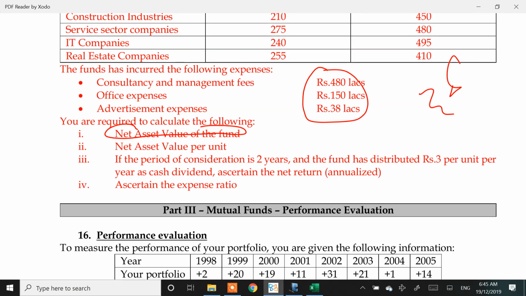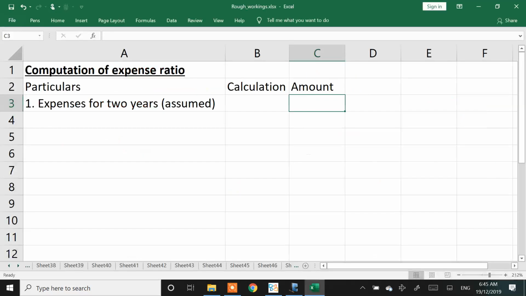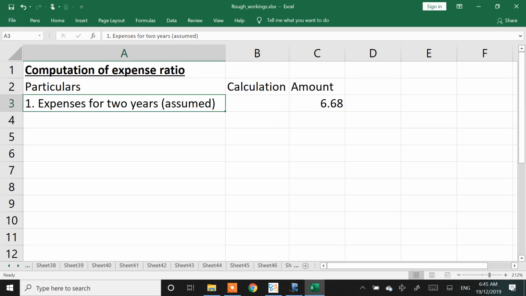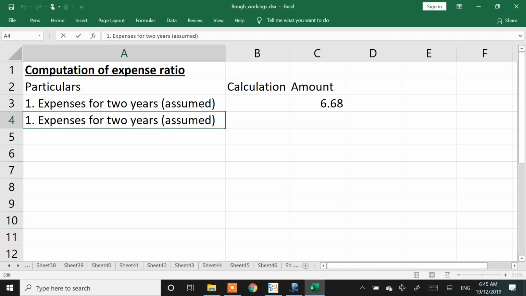We'll again do it in crores. 4.8 plus 1.5, 6.68 crores. Two years expenses 6.68 crores. Then expenses for 1 year.